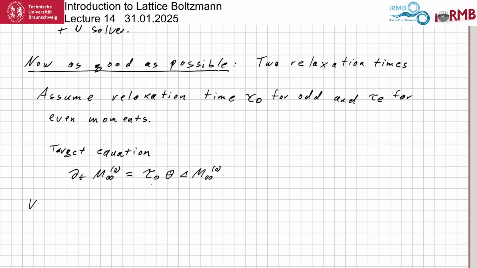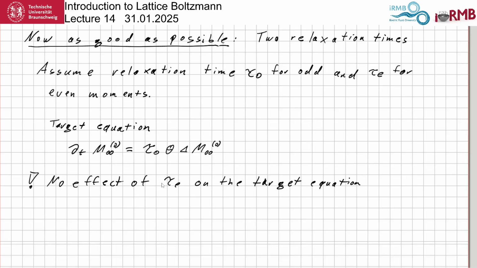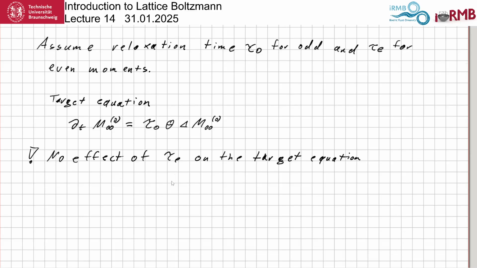So, say this again, no effect of tau even on the target equation. So, free parameter. So, now whatever we do to tau even, yeah, and to gamma and theta, we will have consistency.